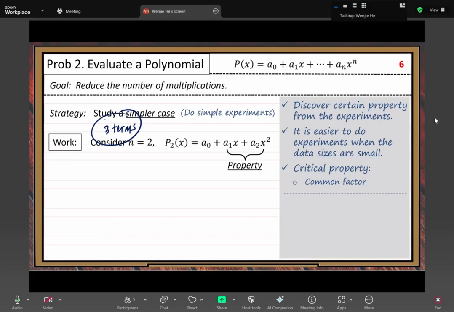That's useful. But if you look at 1 term, can you see a common property? No. If you look at 2 terms, can you see a common property? No, right? So for that reason, we need a few more terms. Then we can talk about a common factor. Otherwise, the common factor property is hidden, and you cannot reveal it.